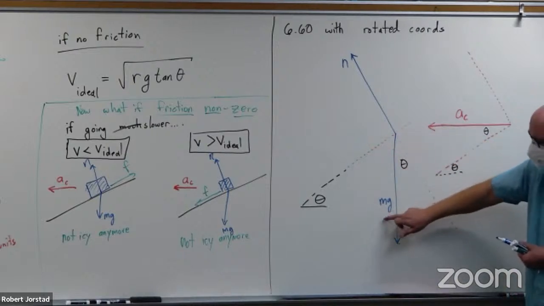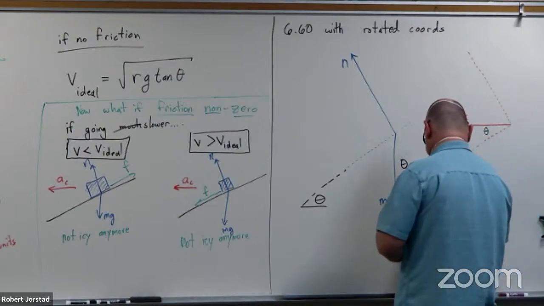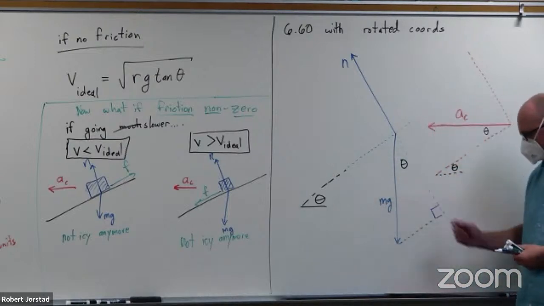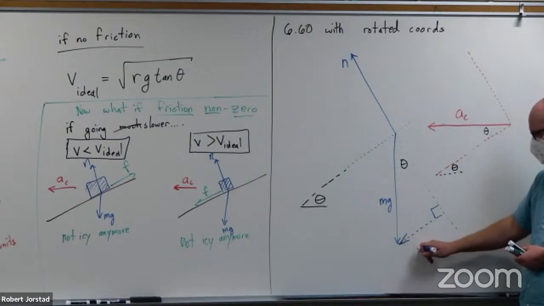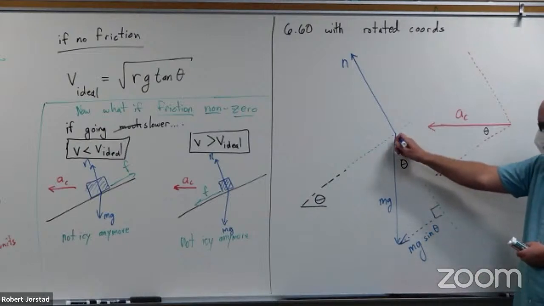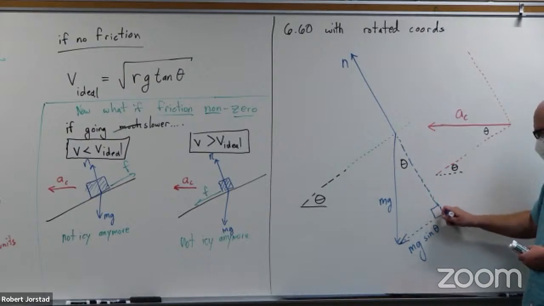Remember, the original vector must be the hypotenuse. The original vector has to be opposite the right angle. What's this component right here? mg sine theta. What's this component right here? Cosine theta. Yeah.